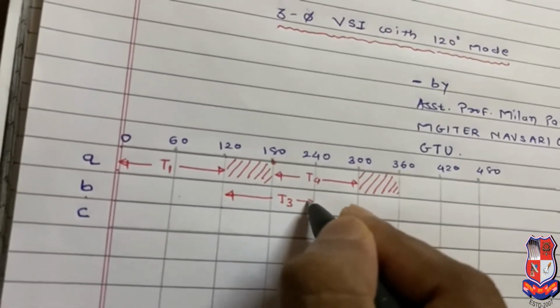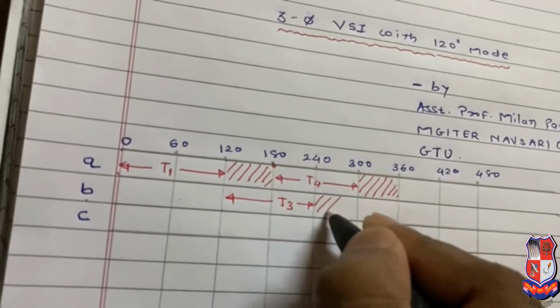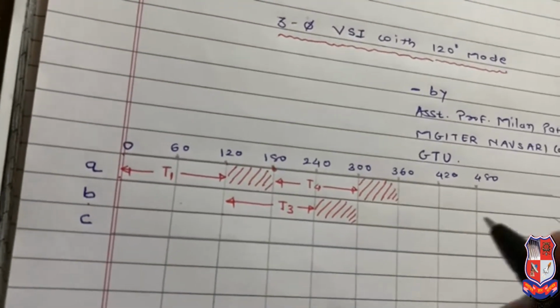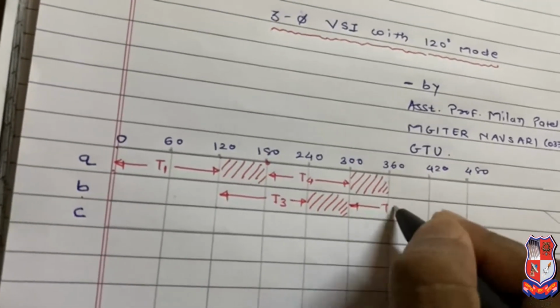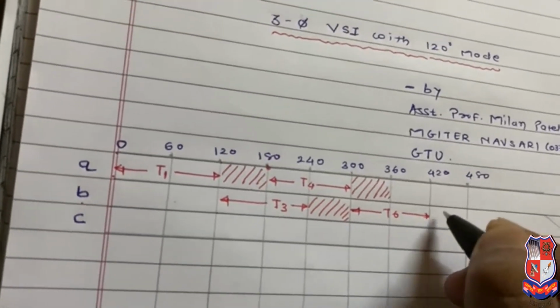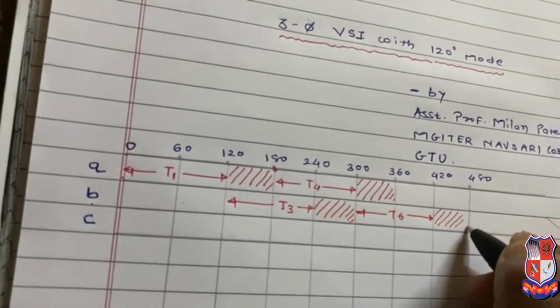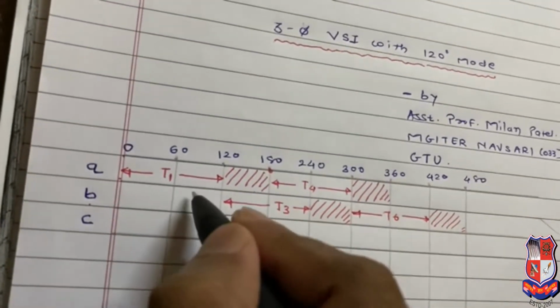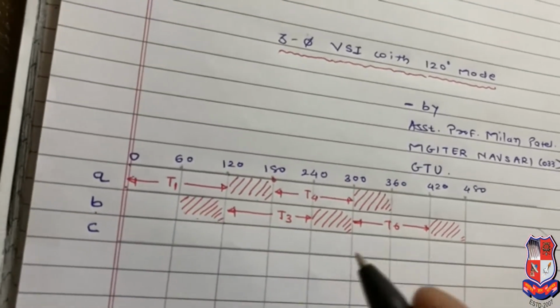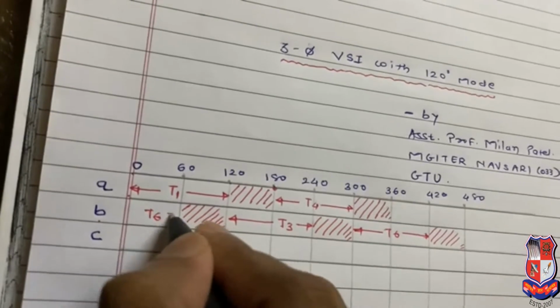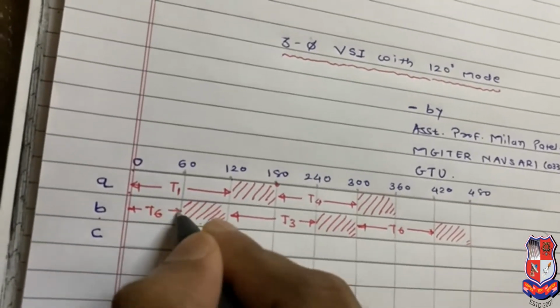T3, this is in off condition. Now T6 will conduct here, off state, and T6 over here.